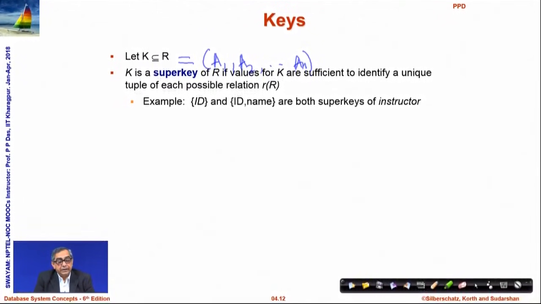Then we will say that K is a super key of R. So, in the instructor table that we have seen, ID is a super key. Similarly, K can be taken as a singleton set of attribute ID, or K can be thought of as the set comprising ID and name. Both of them are super keys of instructor.